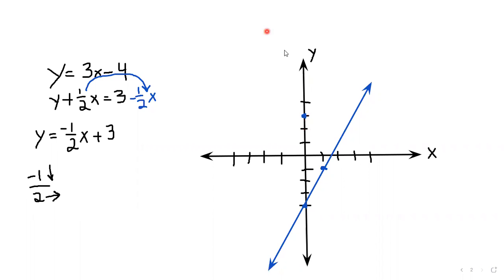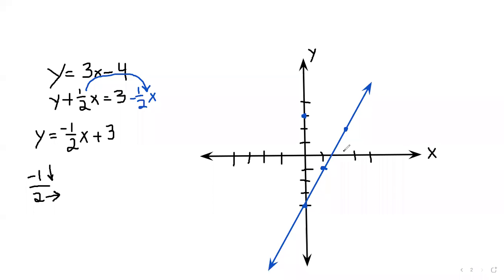Hopefully this will work. Down 1 and then over 2. 1, 2. It should be about right there. Well, that's my fault with eyeballing the graph. We're going to fix that right now, the old-fashioned way. There we go.